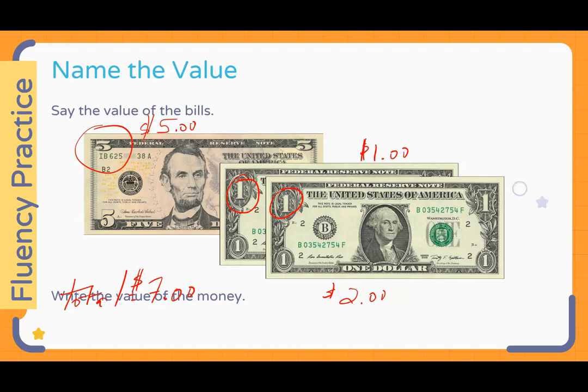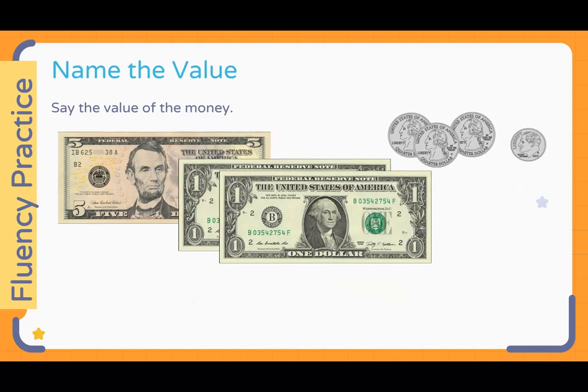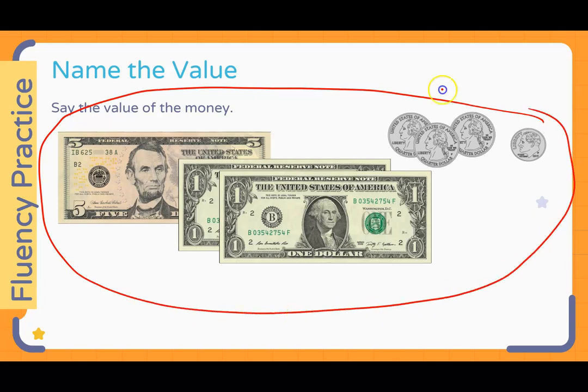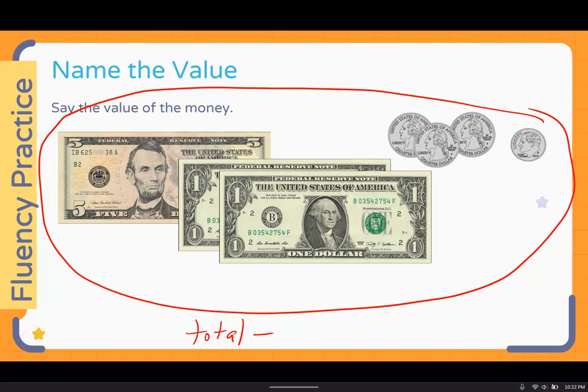Okay. Now in your journal, I want you to write the value of all of this. So count it all together and you should have a total. Pause the video and do that. So I'm going to count my coins first.